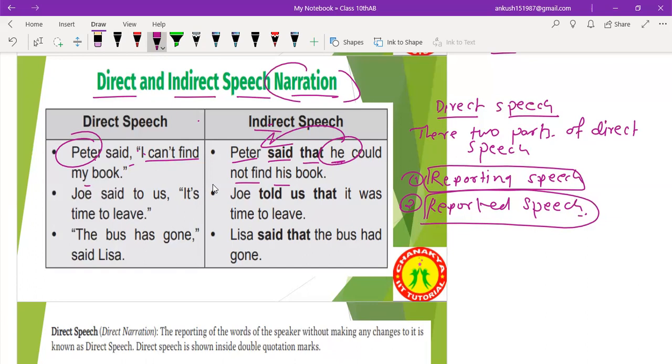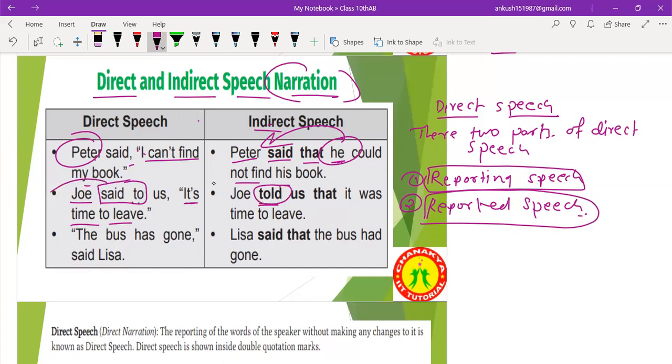Got it? Here, Joe said to us, "It's time to leave." Now here, one thing you would observe is that in this sentence it is given as said to. Now see the change here. Whenever in the sentence we use said to, we have to transform it into told.